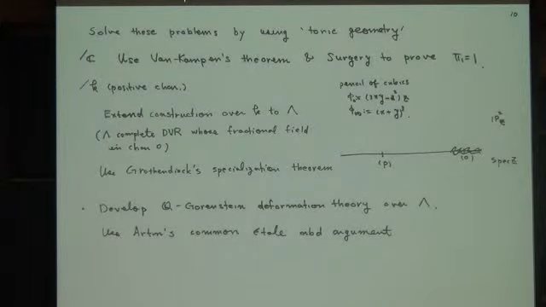Over C, when we try to prove simple connectedness, we use Van Kampen's theorem and also some surgery. But Van Kampen's theorem and surgery do not work in positive characteristic. So in positive characteristic, we extend the construction over K to Lambda, where Lambda is a complete discrete valuation ring whose fraction field is of characteristic 0.